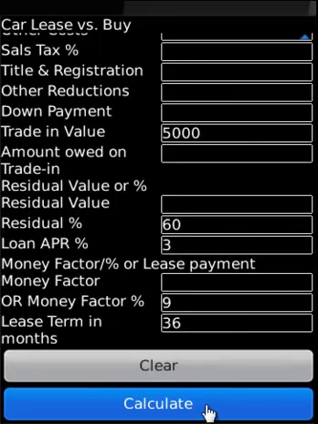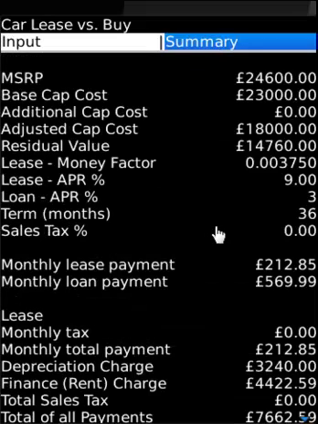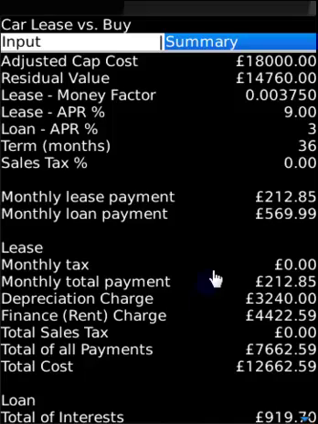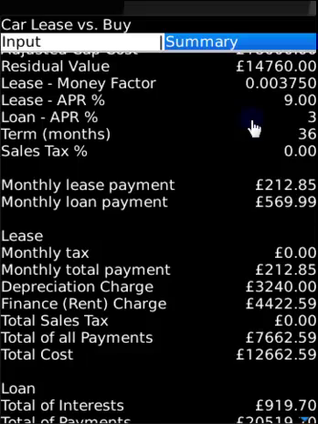Okay, this is how they compare monthly payments, loan versus lease. This is actually total payments.